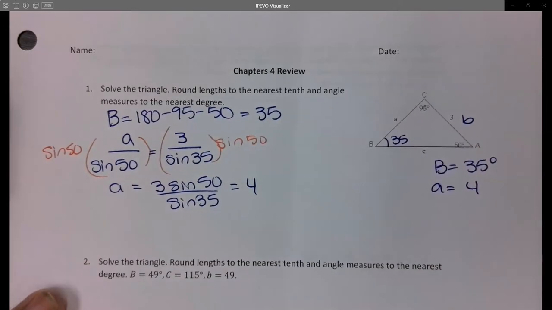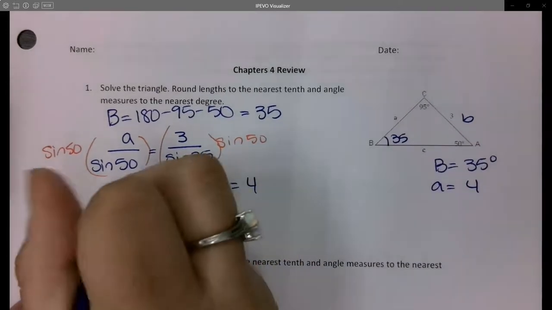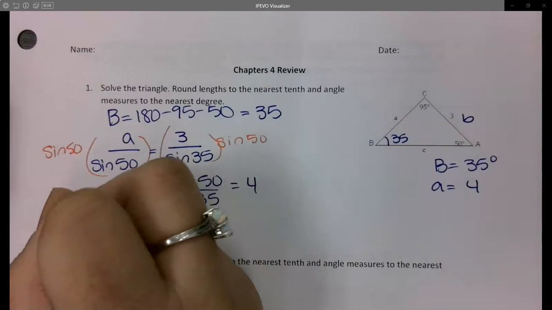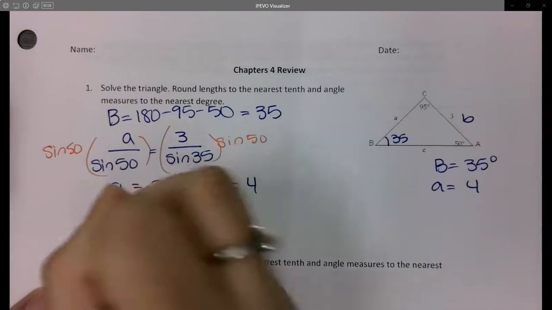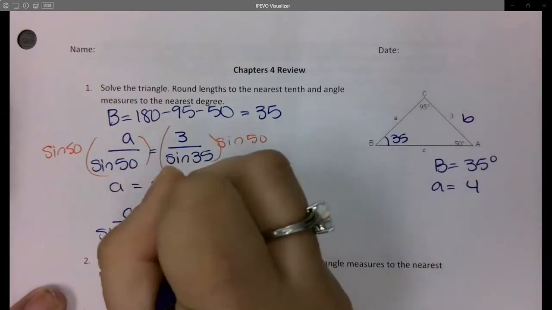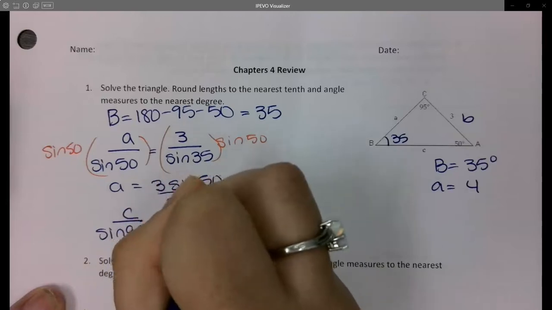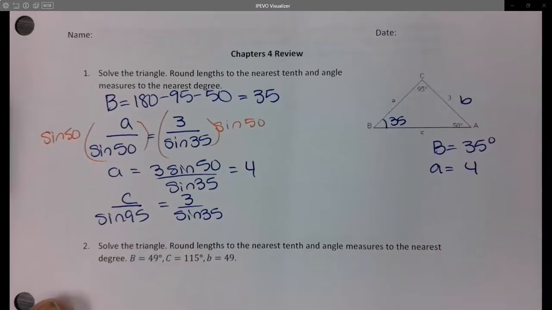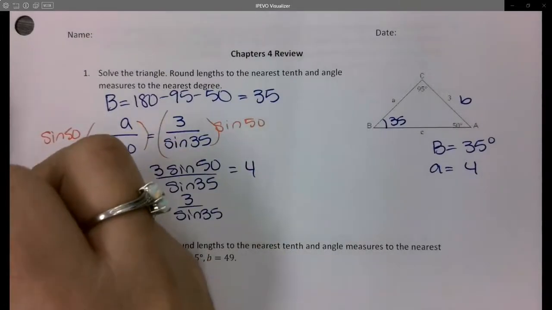And then I want to go ahead and do the same thing for my side length C. So I'm going to have C over sine of 95, because my angle across from the C is 95, equals 3 over sine of 35. Then I want to go ahead and get C isolated. So I'm going to multiply both sides by sine of 95.